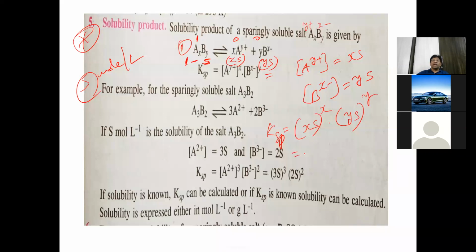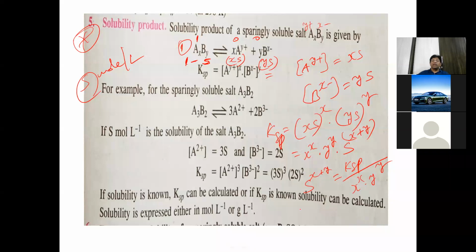That is equal to x^x into y^y into S^(x+y). Is that clear? So x is the number of cations, y is the number of anions. Now S^(x+y) is equal to Ksp divided by x^x into y^y.